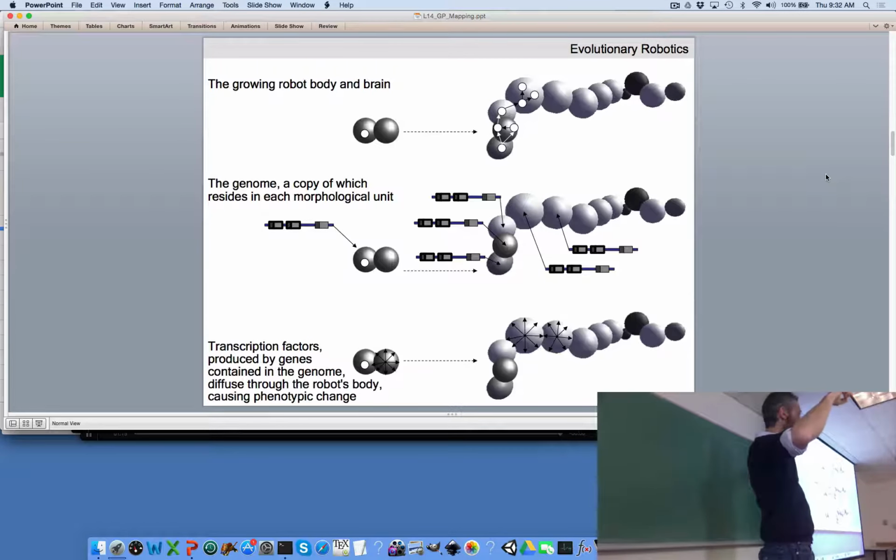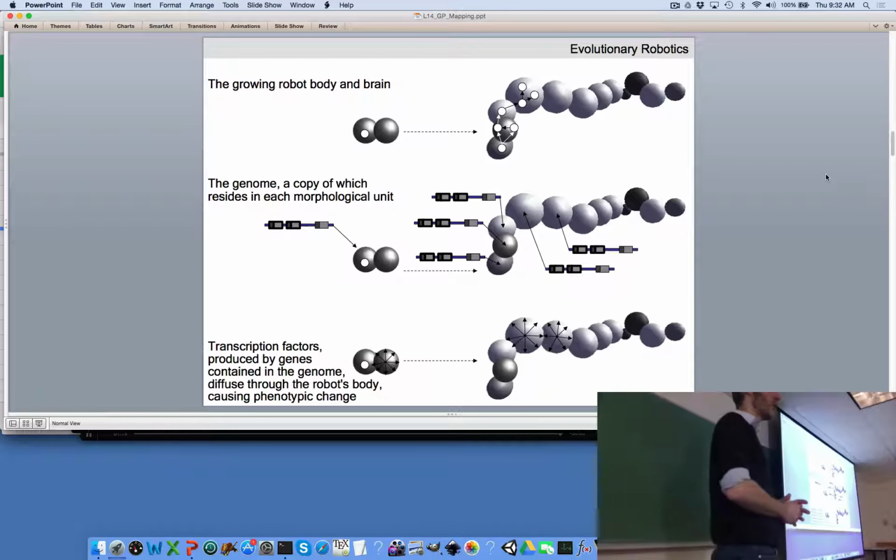Another transcription factor attaches to a synapse and detaches it from one neuron and causes it to grow into a neighboring sphere and attach to a neuron in that sphere. So we've got genes turning each other on and off, and as they do, they're influencing the phenotype and causing the robot to grow in a particular way.